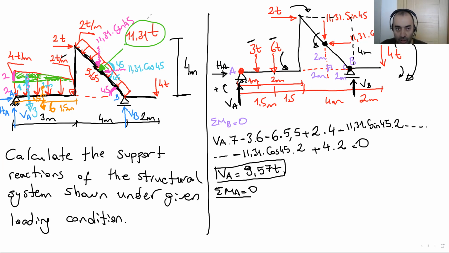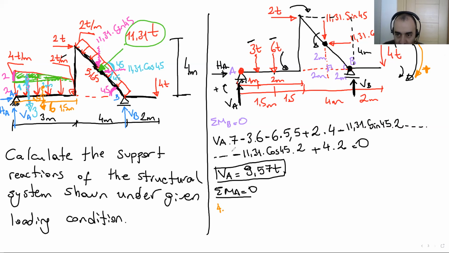This is the 4. The 4 rotates the system in this direction for moment A. So I made an assumption: this is positive. So let's write it here.